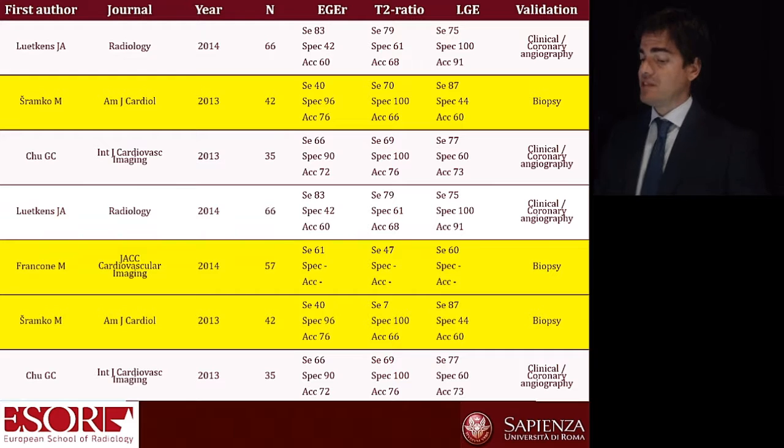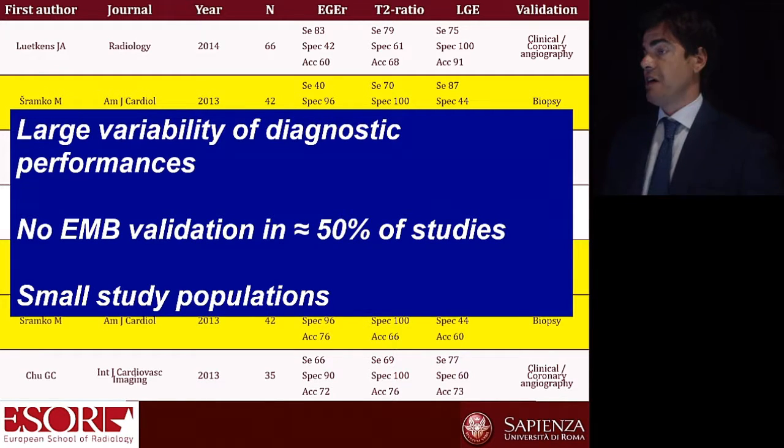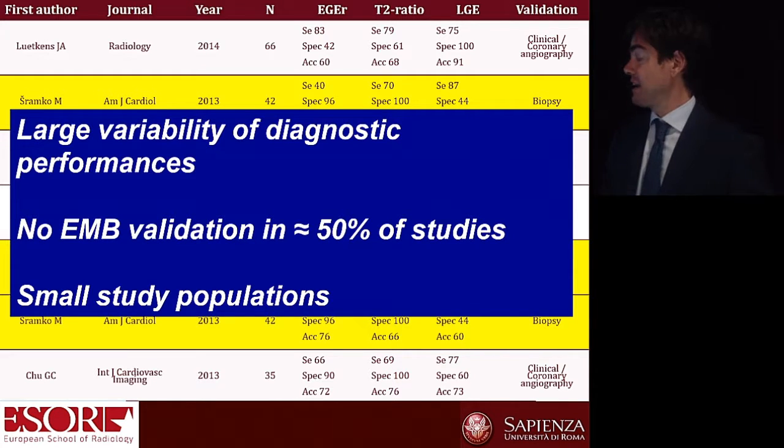The problem is that there is a large variability of diagnostic performances. Most of the studies do not have endomyocardial biopsy validation, and still there are not large multicentric trials on myocarditis that probably would be nice to set up, even cooperating at an extra-European level.